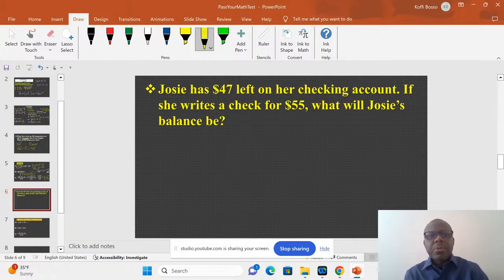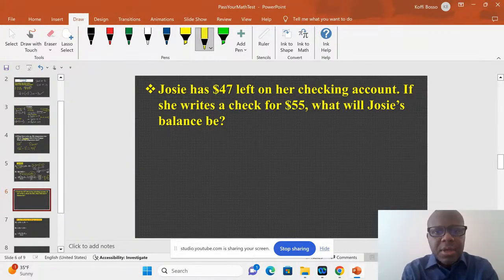This is another word problem. So they say Josie has $47 left on her checking account. Now, if she writes a check for $55, what will Josie's balance be?